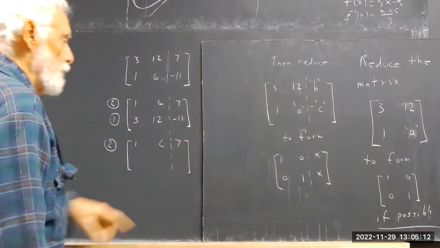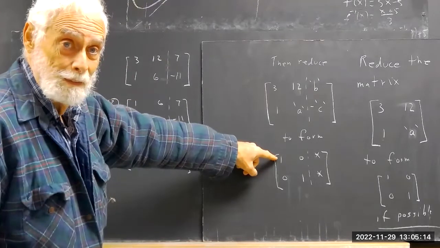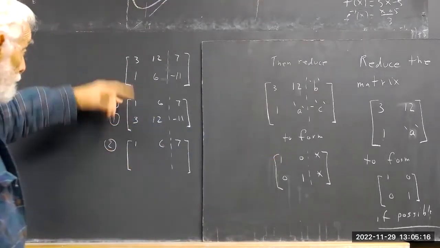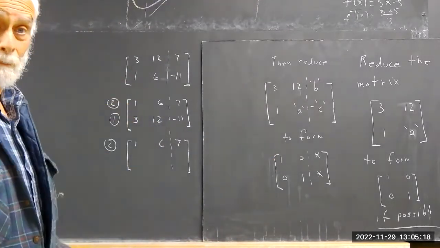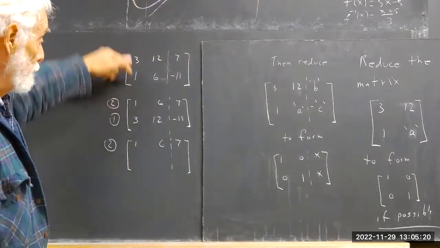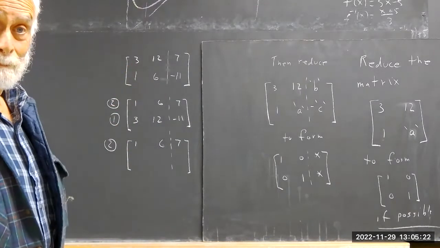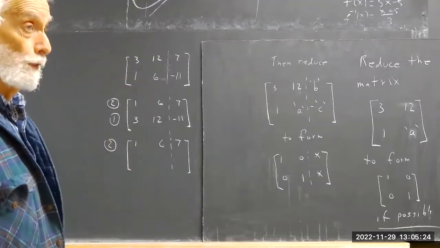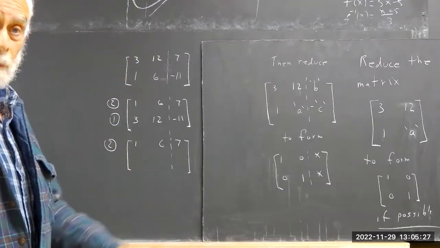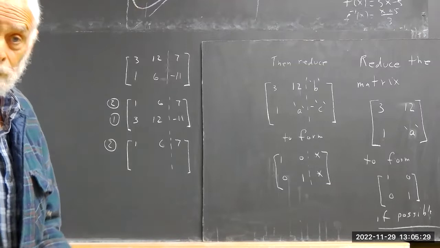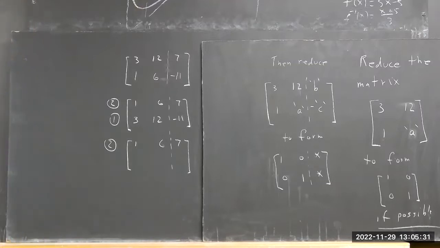Why? Because what I'm after is a 1 here. So it's convenient that by switching these, I got a 1. Once you have a 1 here, you can wipe out everything below it. Now, there's only 2 equations, so there's only one thing below it. If I had 3 equations and 3 unknowns, I can do the same thing again.